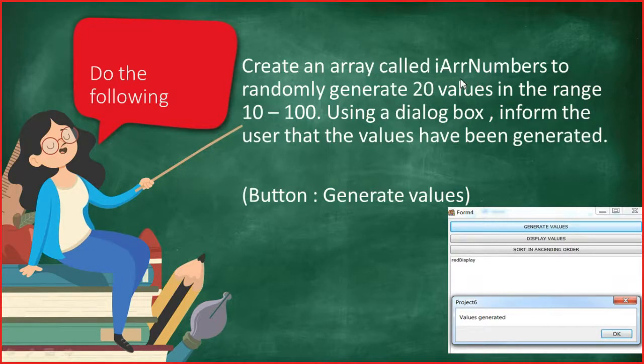Everyone can see what's going on over here. So this is where I see learners messing it up. When the question says randomly generate 20 values in the range 10 to 100, I'm not saying all learners do it, obviously 80% of them will do it correctly, but some of them confuse this as being the size of the array.